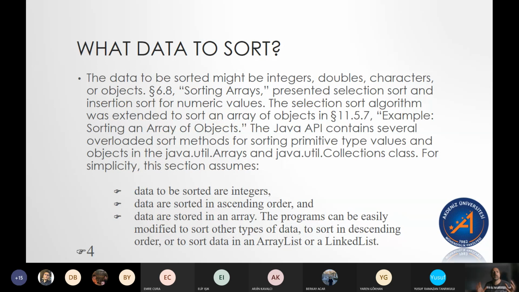It's much easier to do that in an array. So then we can easily modify our sorting programs to use different types of data, or even say instead of ascending order, we do descending order, that kind of thing.